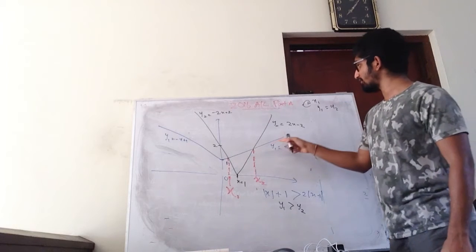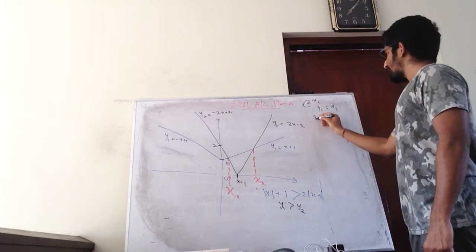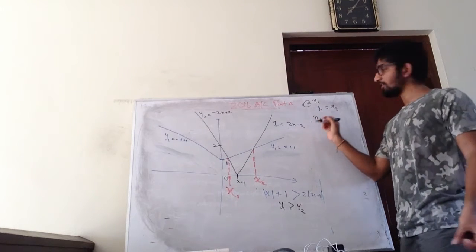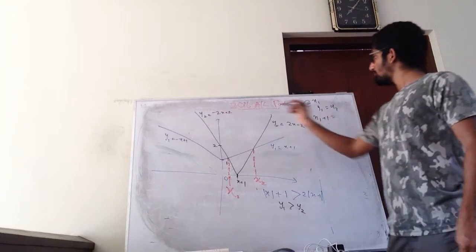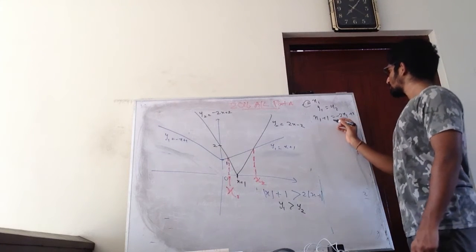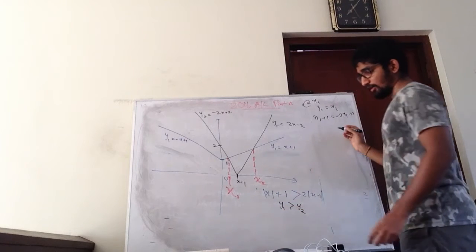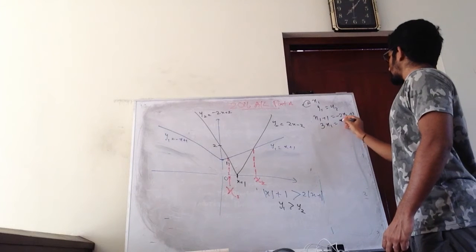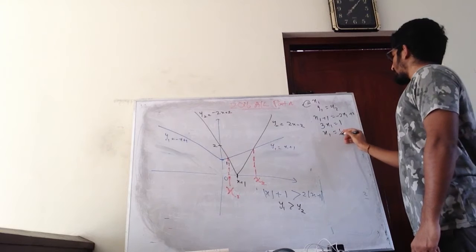So what is y1 there? y1 is x1 plus 1, no? So x1 is there. So what is y2? y2 is minus 2x1 plus 2. So then I will get 3x1 equals 1. So the x1 value is 1 over 3.